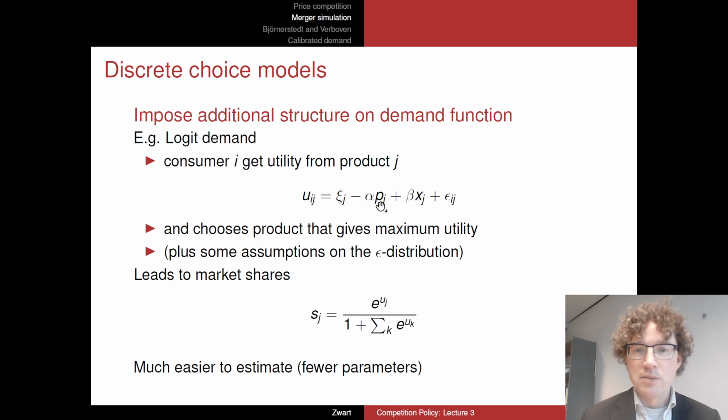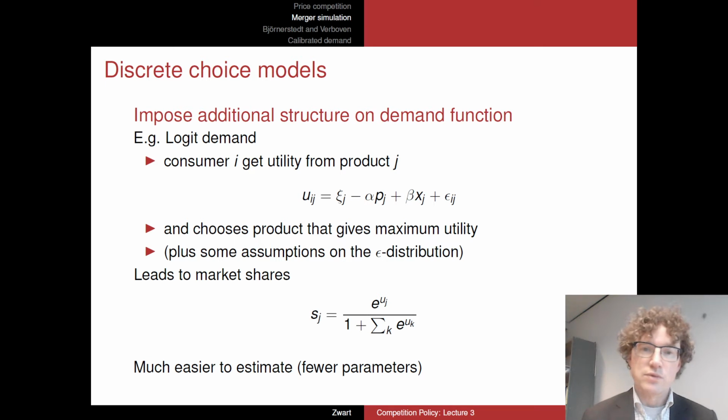There's going to be some product effects based on characteristics like the size of the package or the type of product in the larger group that this product is in, plus some idiosyncratic error effects pertaining to this particular consumer. So each consumer will observe all the different brands, and then will pick that product J which gives him or her the highest utility.